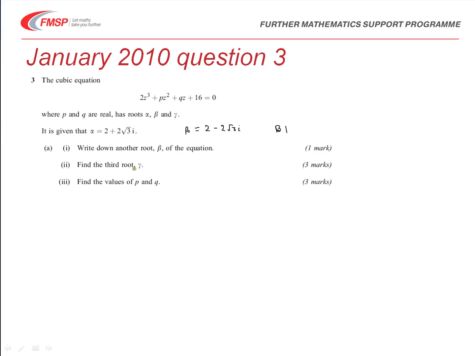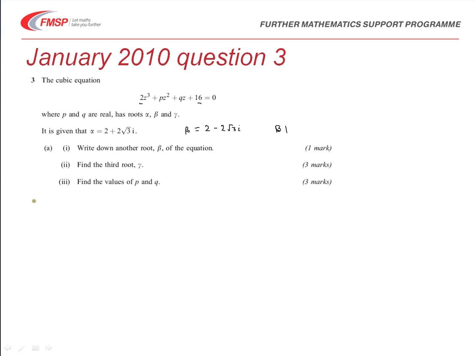Into part 2 we've then got to find the third root. Well, we can't use the relationship involving P or Q, so it'll have to be the one that involves D, which is 16, and A, which is 2.